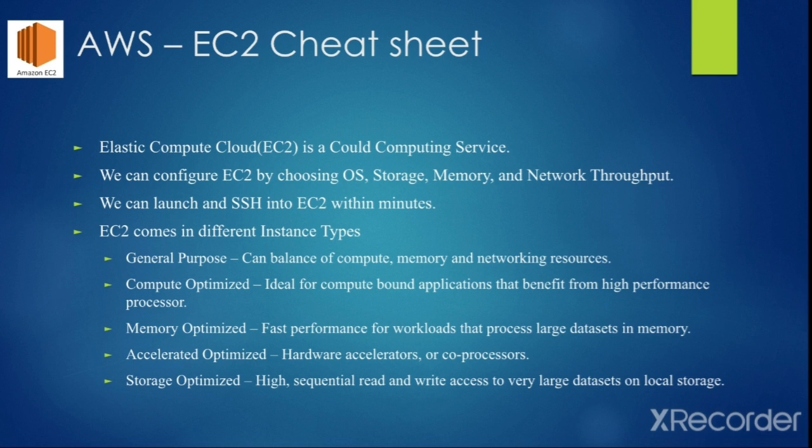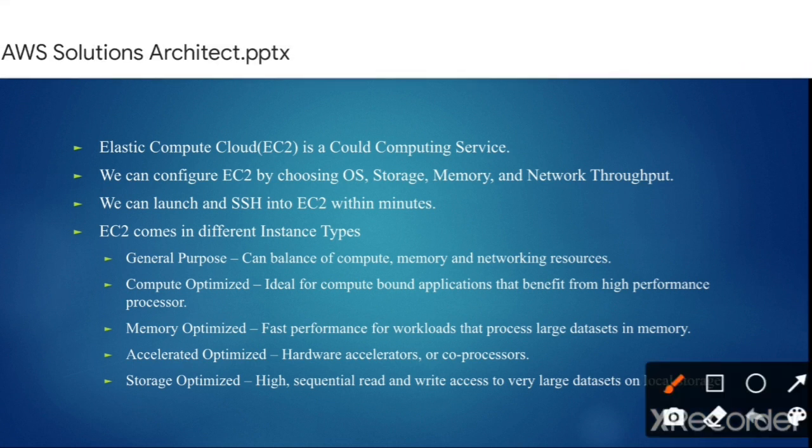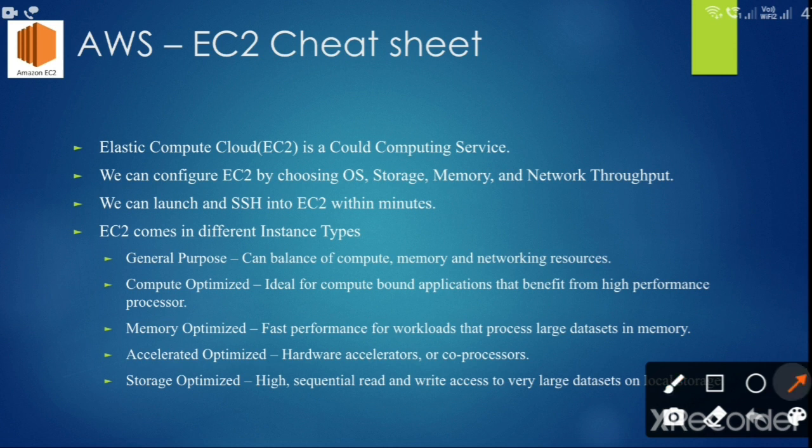And EC2 comes in different types of instances: general purpose, compute optimized, memory optimized, accelerator optimized, and storage optimized. The general purpose is a balance of compute, memory, and network resources.